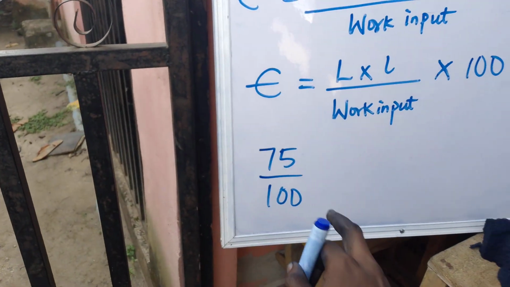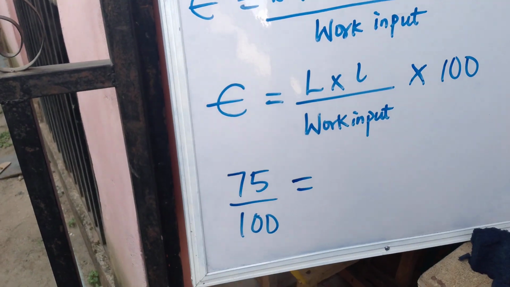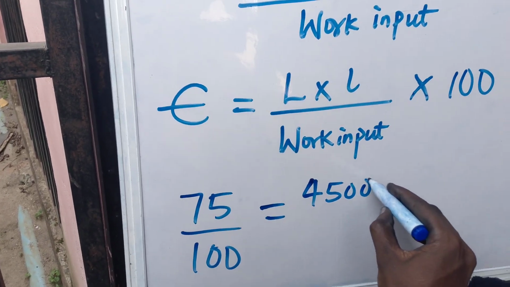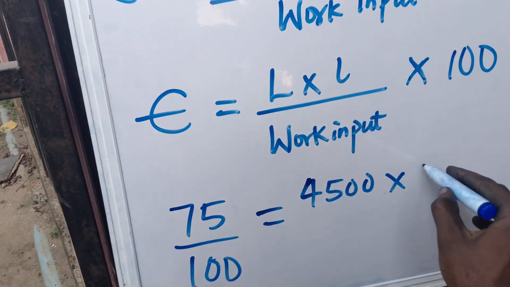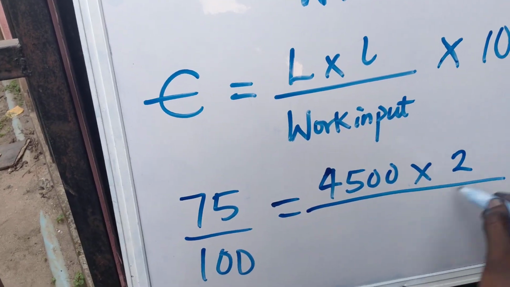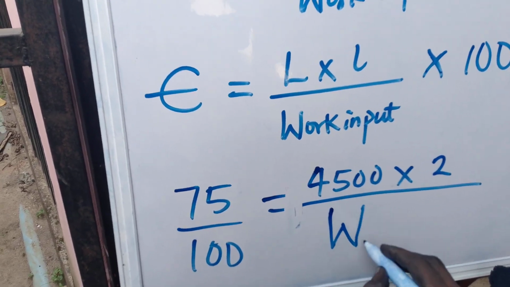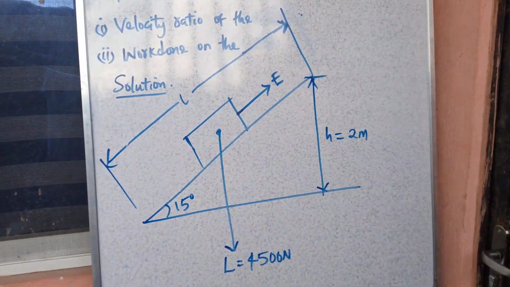If you convert to fraction, that equals the load, which is 4,500 Newton, times distance moved by load, which is 2 meters. That is the height of the inclined plane, the distance moved by load. Okay, the work input is what we are looking for.